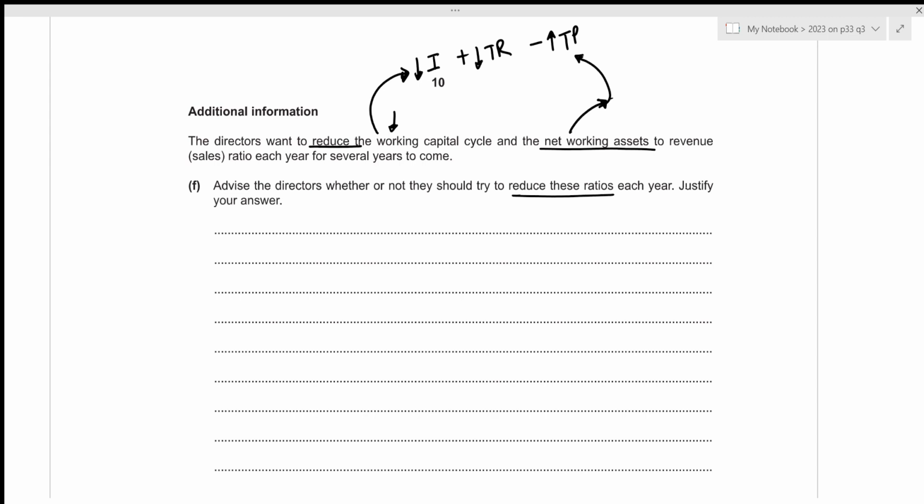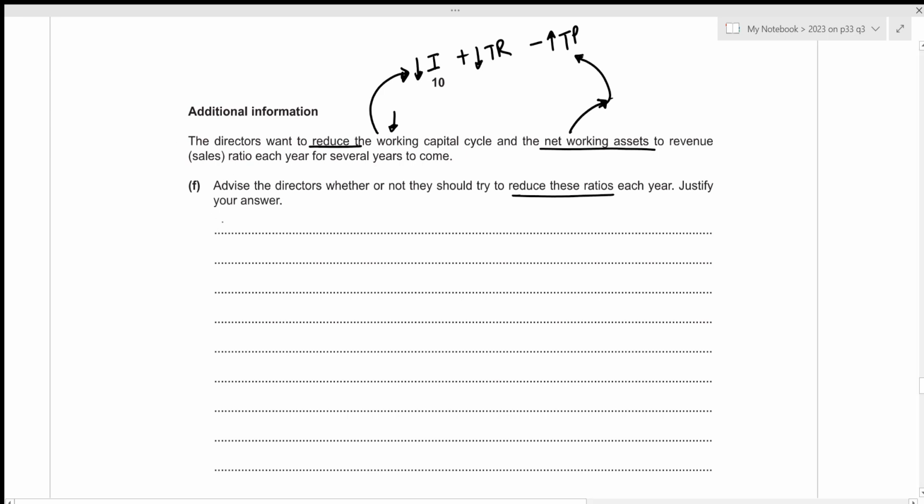But again, the decrement in the net working assets to revenue ratio will result in an increase in risk, because in this case we require our assets to be decreasing and the liabilities to be increasing, which should not be the case because we should have sufficient assets to cover our liabilities, right?